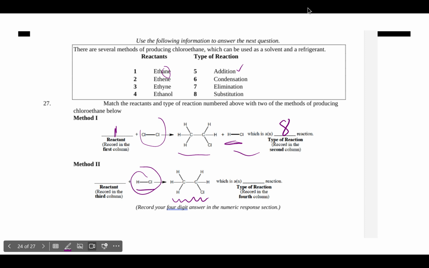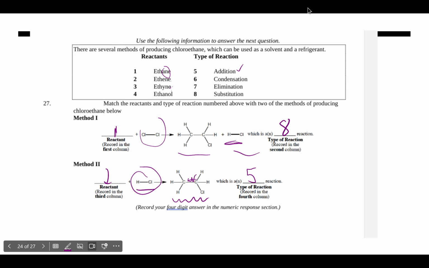And with that one, I could go between these two, but because it's not saying excess or anything like that, I'm going to pick number 2. And I also know it's not ethyne, because if I did have that, I would end up with another double bond here, which I don't have. And just as we talked about, that would be breaking of a double bond, which is addition.